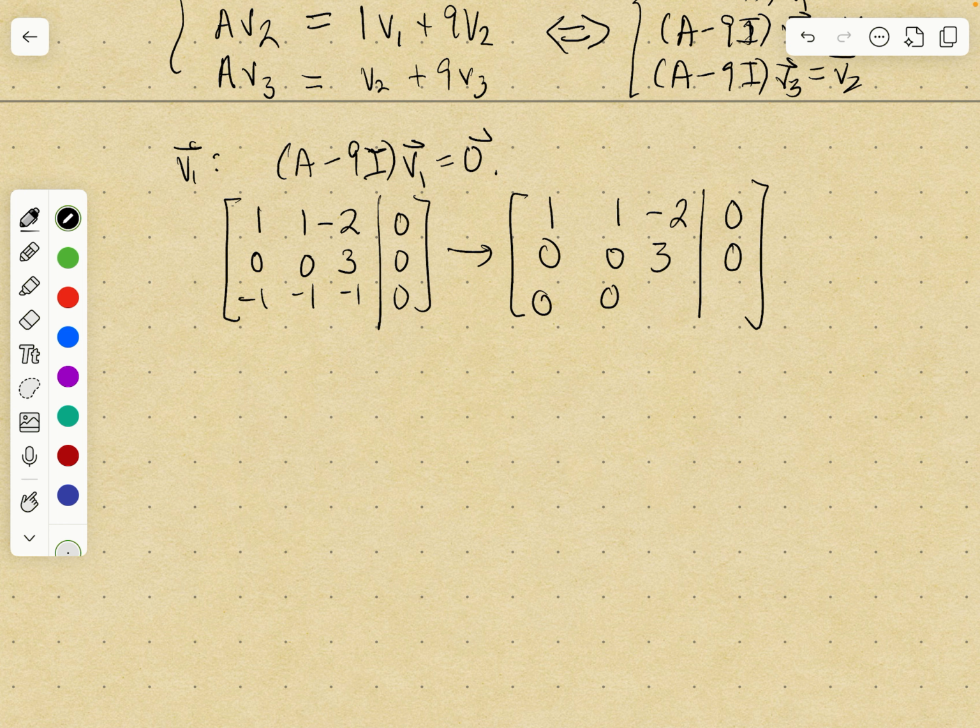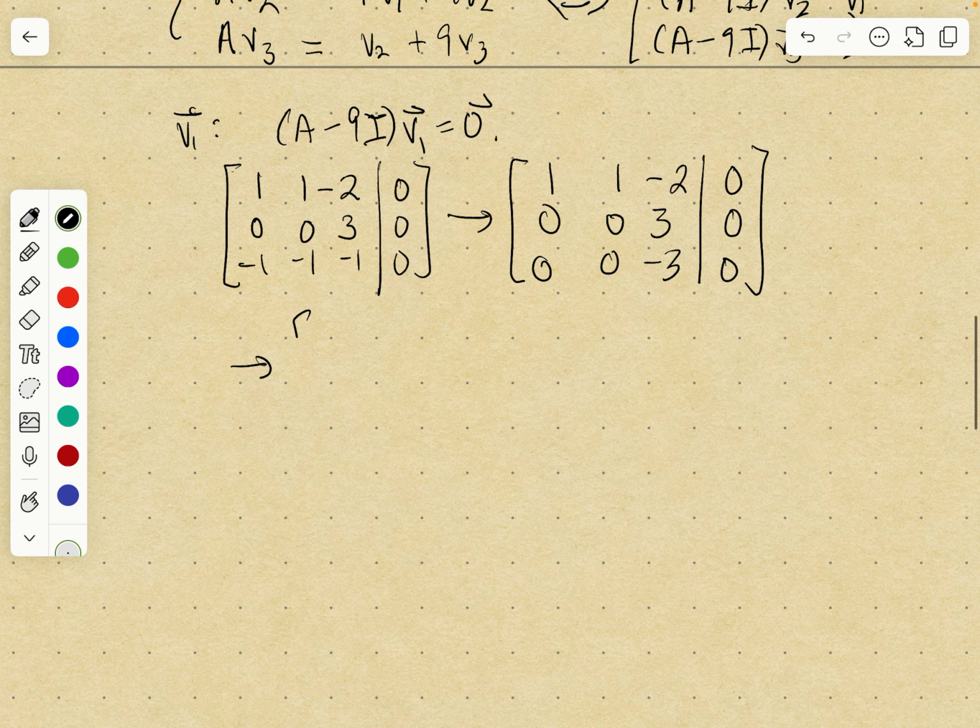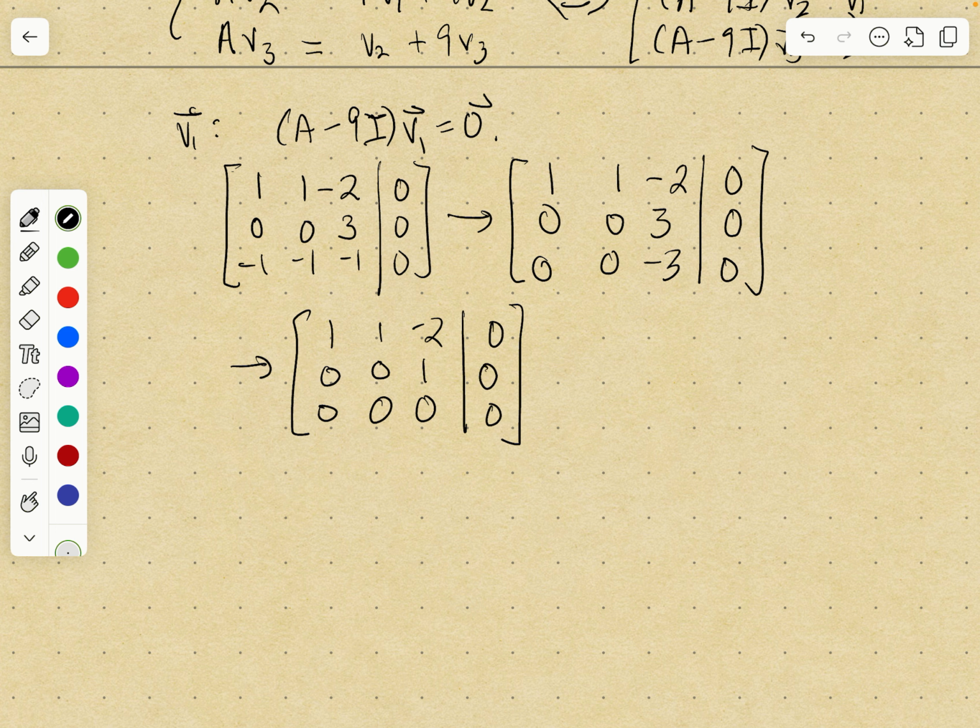If we do that, we get 0, 0, negative 3, 0. And so the third row is going to turn into a row of zeros, which we want, right? We should get a row of zeros because we know this matrix A minus 9I is not invertible. And then if you divide the second row by 3, we get this. And then if you want, you can put this into reduced row echelon form.